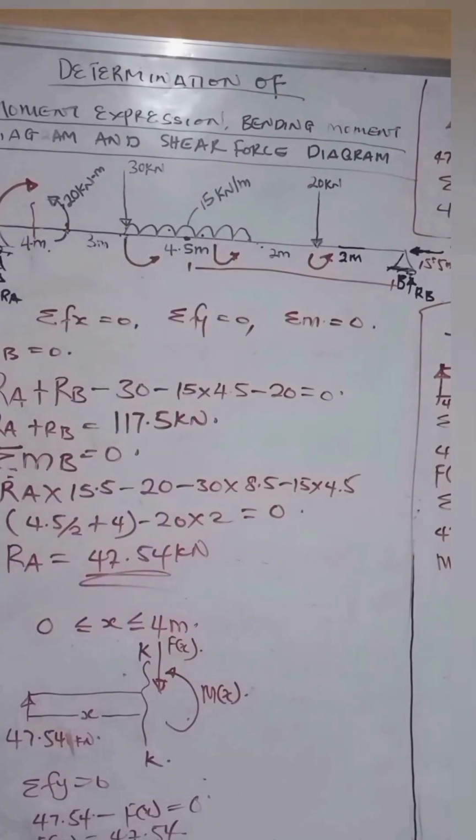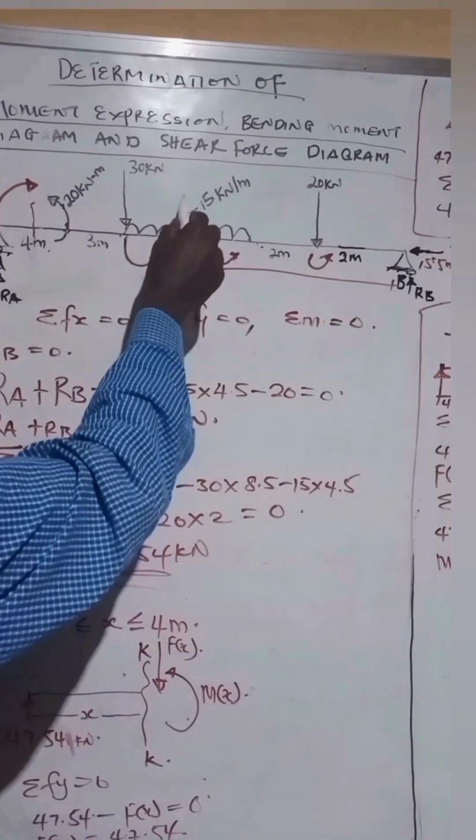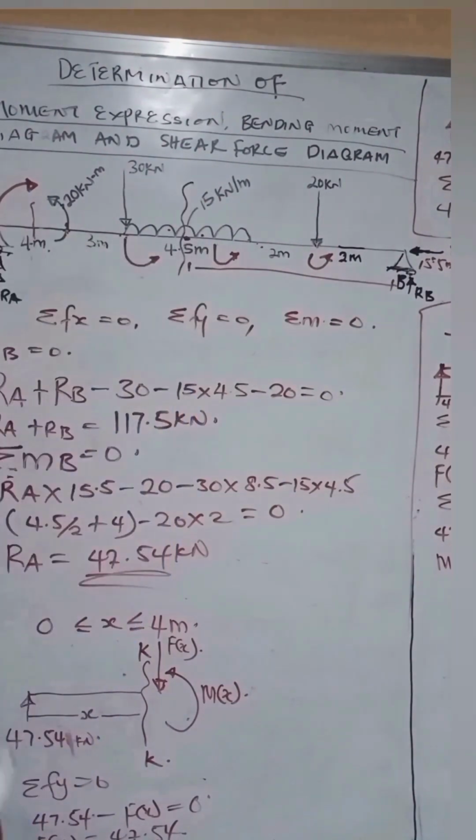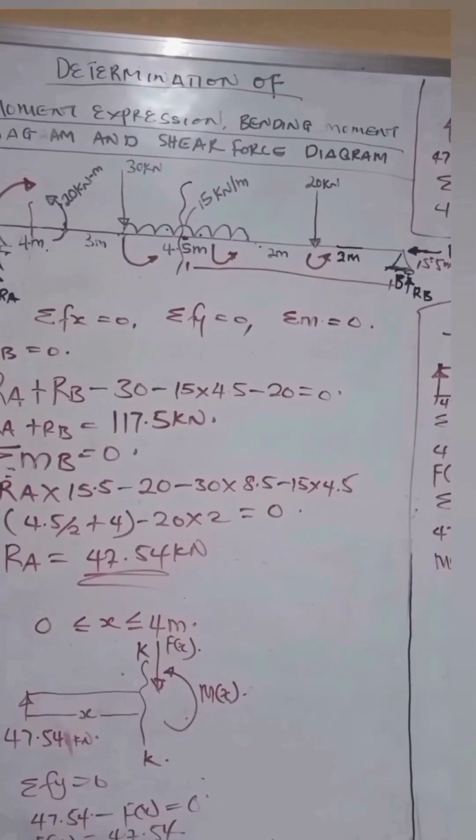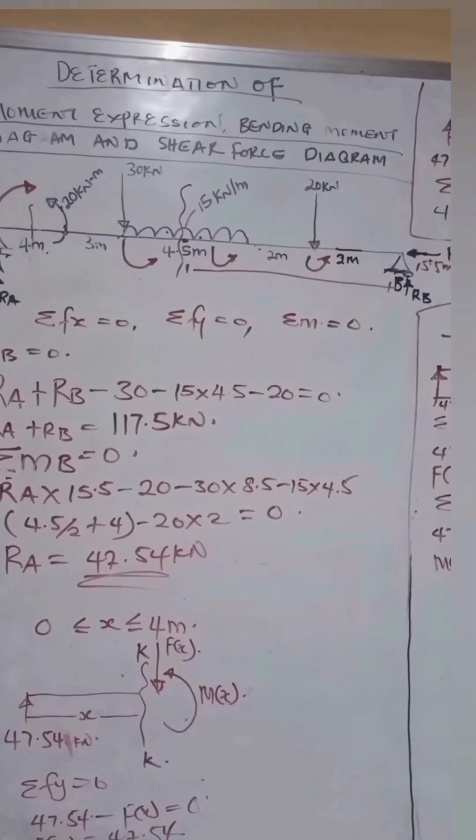So we are going to draw the bending moment and the shear force expression for this particular load. So let's draw it. We are going to cut a section across this load boundary, which is this point. Okay, so let's go over and do that. Let's cut a section across that point. We can call the section whatever name we wish.